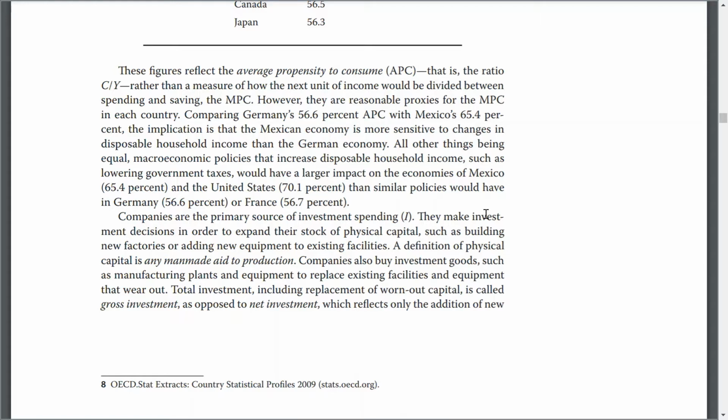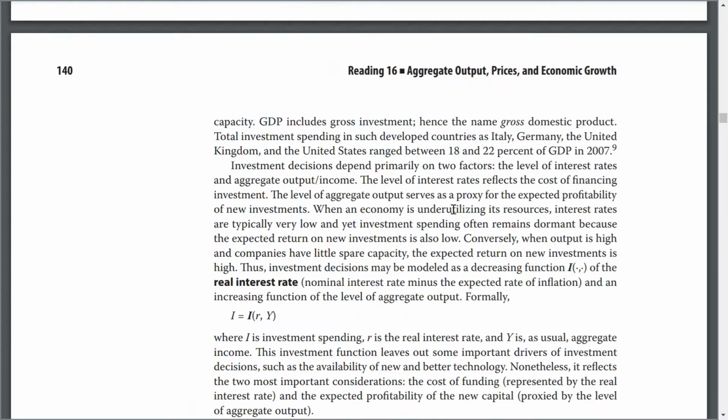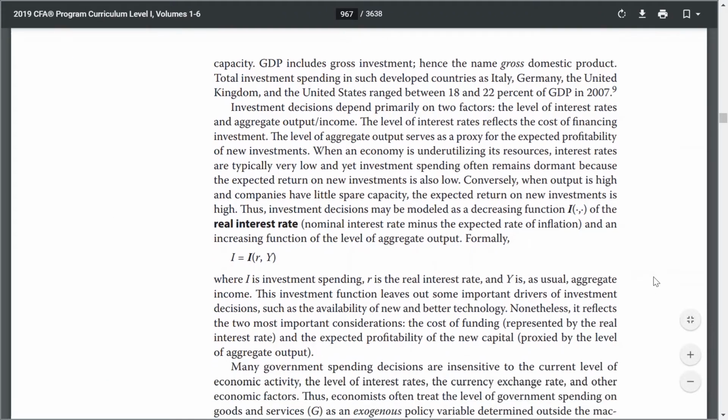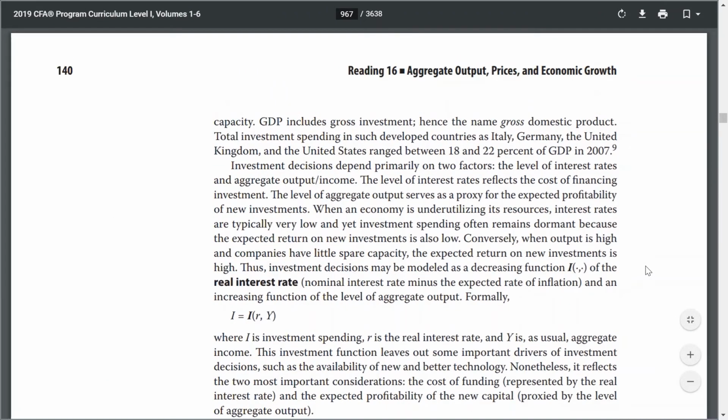Companies also buy investment goods such as manufacturing plants and equipment to replace existing facilities and equipment that wears out. Total investment, including replacement of worn-out capital, is called gross investment, as opposed to net investment, which reflects only the addition of new capacity. GDP includes gross investment, hence the name gross domestic product.